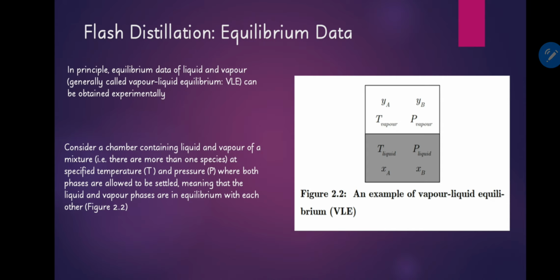Now, you need to remember again, when can we say that the system already reached equilibrium? When the Gibbs energy of the vapor phase is equal to the Gibbs energy of the liquid phase, that is the time that we can say that the system already reached equilibrium.